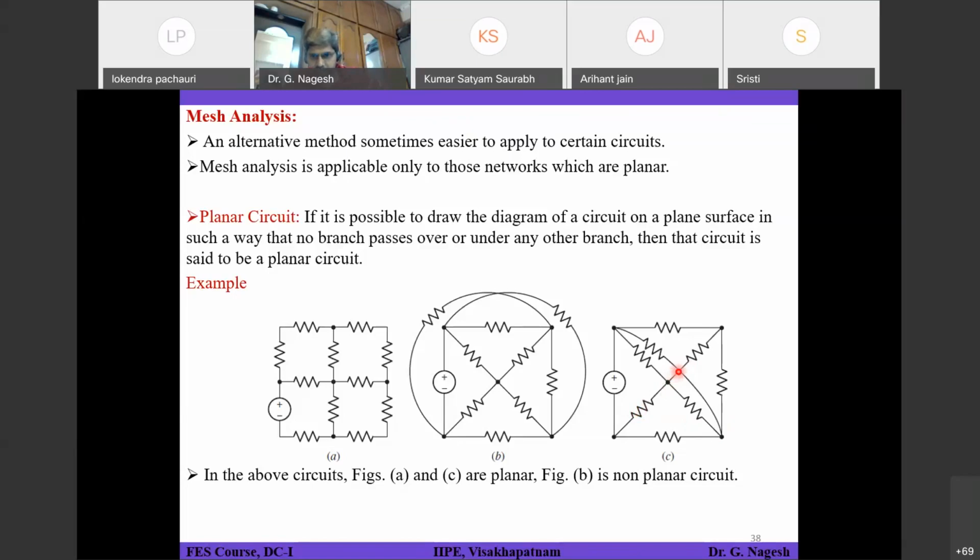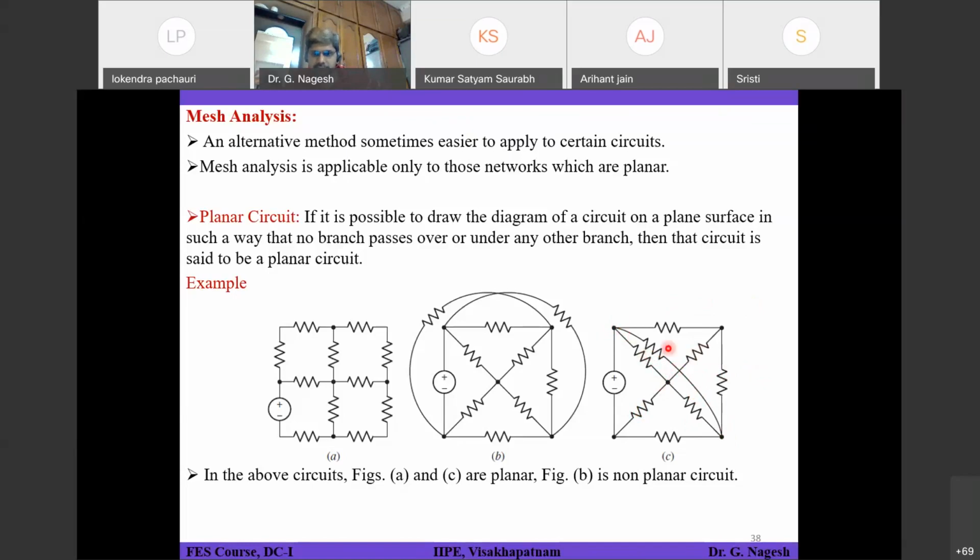I can pull this. These are not interconnected, one is just passing over the other. I can pull this resistor onto this point, and I can draw the circuit in this fashion also, that means outside this box. Are you understanding or not?